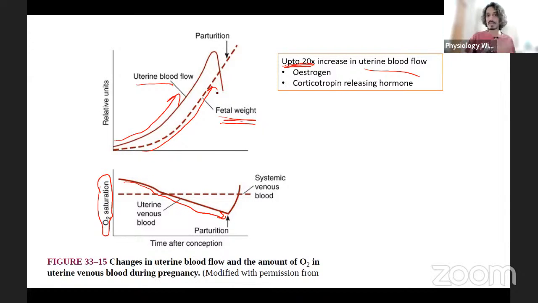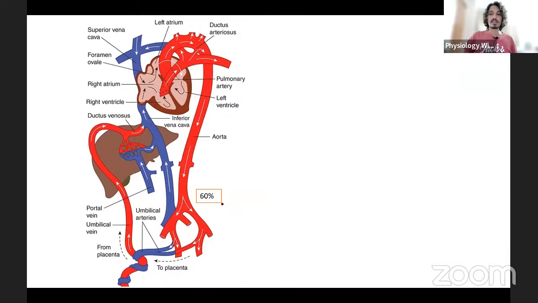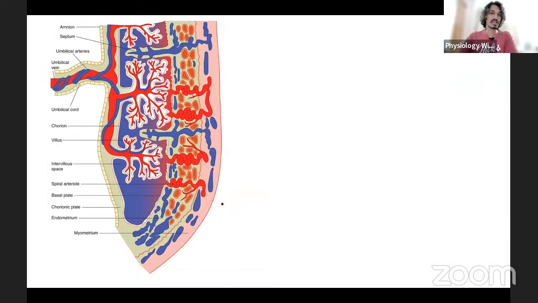So that does not meet adequate requirements, so you have to, in turn, have more oxygen extraction also. This is at the level of your uterine circulation that we're talking about, where the placenta is there. Okay. Now, if you look at the placenta, it will be a structure like this.